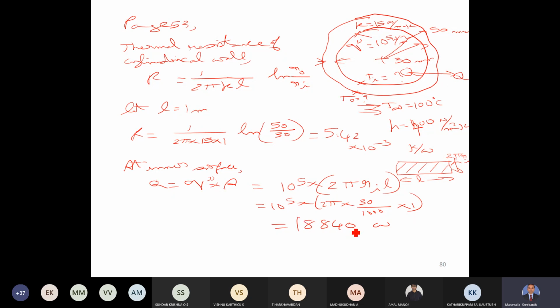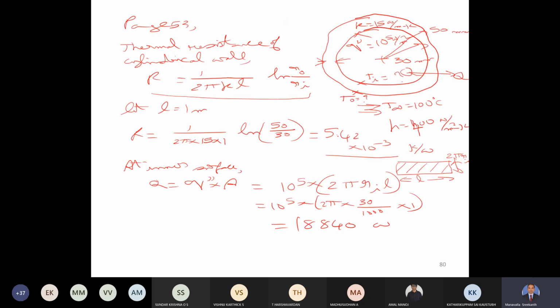Okay, now let us bring in this conductive resistance of the wall. We have evaluated that to be 5.42 multiplied by 10 power minus 3. So using this conductive resistance, I can express the heat transferred across this wall using the conductive resistance, the inner temperature and outer temperature.